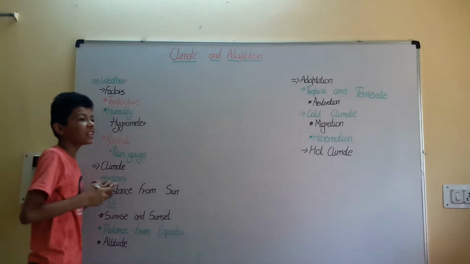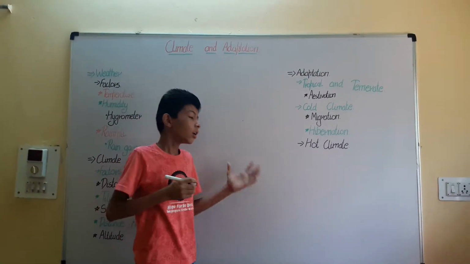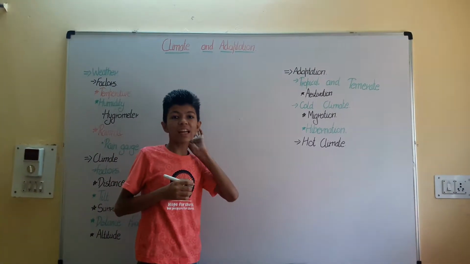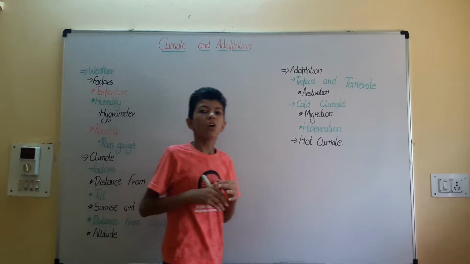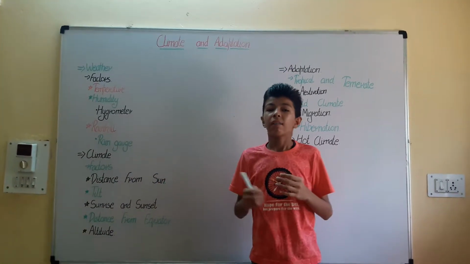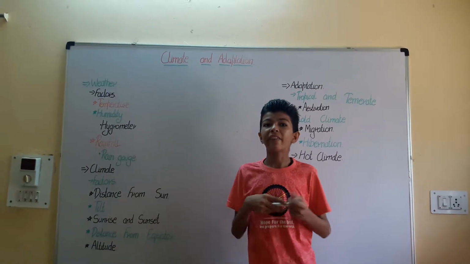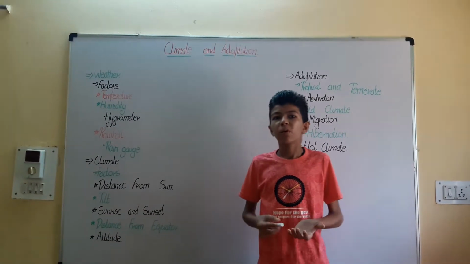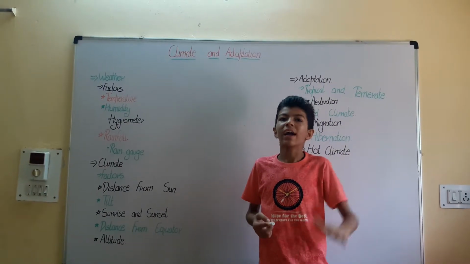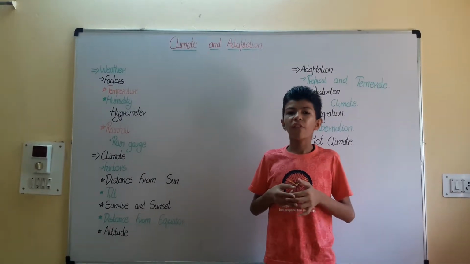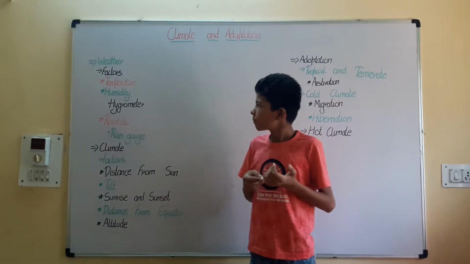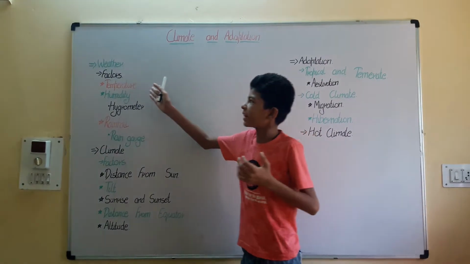Then how does the temperature affect the weather? If the temperature is high, then the water would evaporate faster. So after 2-3 days it would rain, because the water that goes up falls back in the form of precipitation.